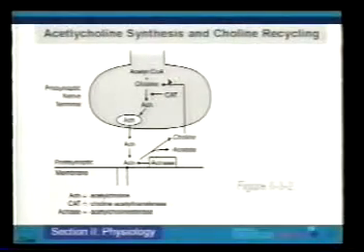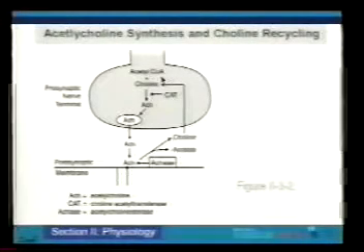Now the next page simply summarizes some additional details about the synthesis and the removal of acetylcholine. Again, this is not real high-yield information. You only have to know the main points. The first point is acetylcholine is synthesized in the motor neuron terminal.